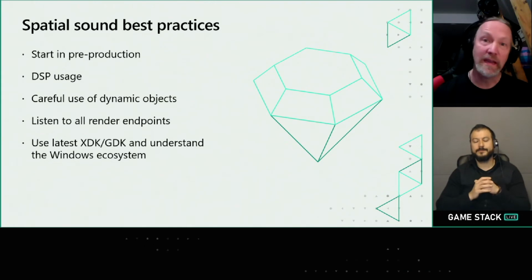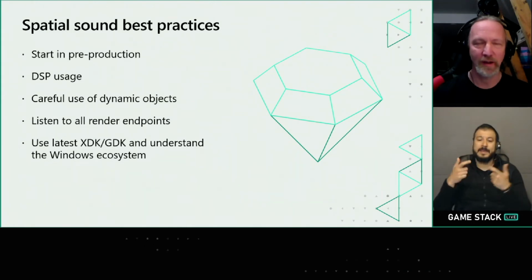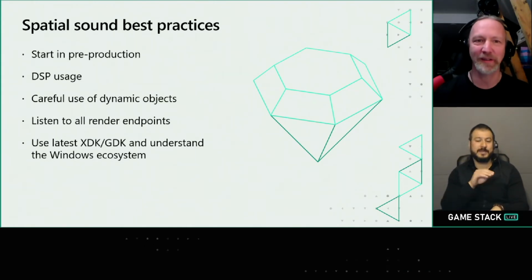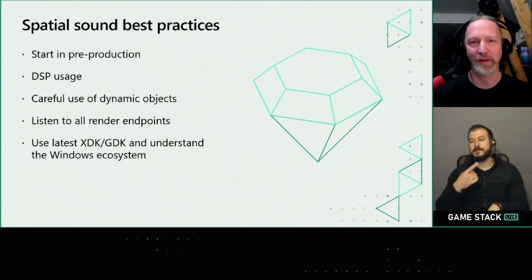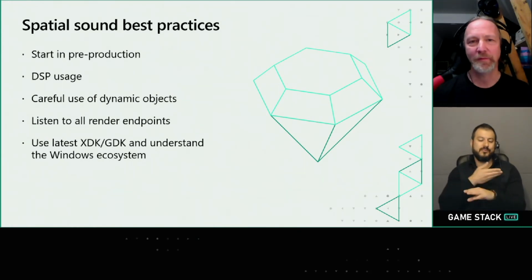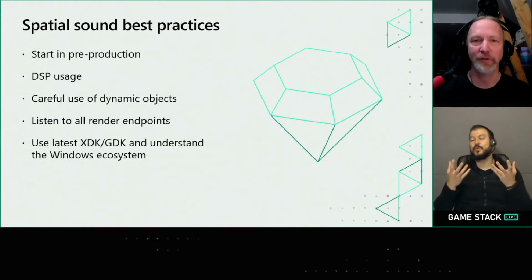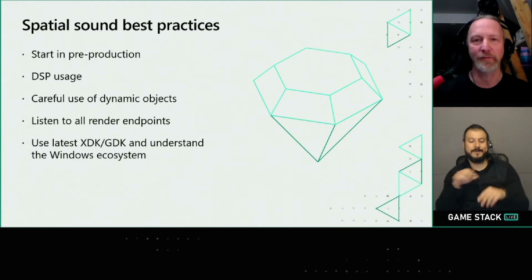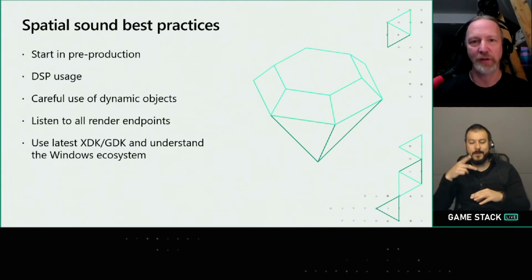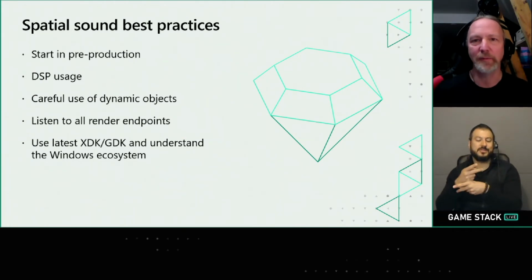So with any major feature of any kind, I always like to say start in pre-production. We've had so many developers try to drop in features such as spatial sound platform during production or late in the game development.